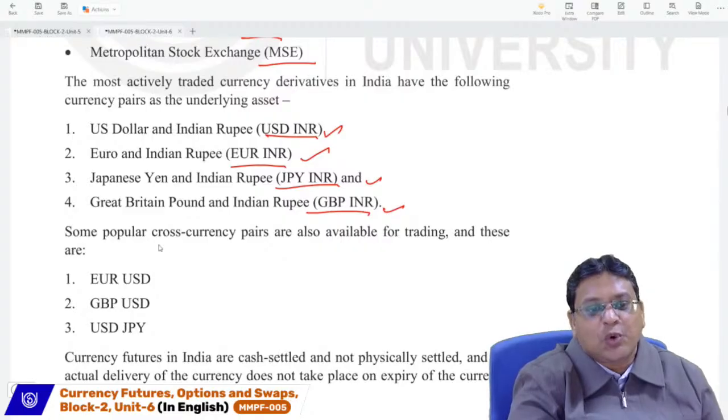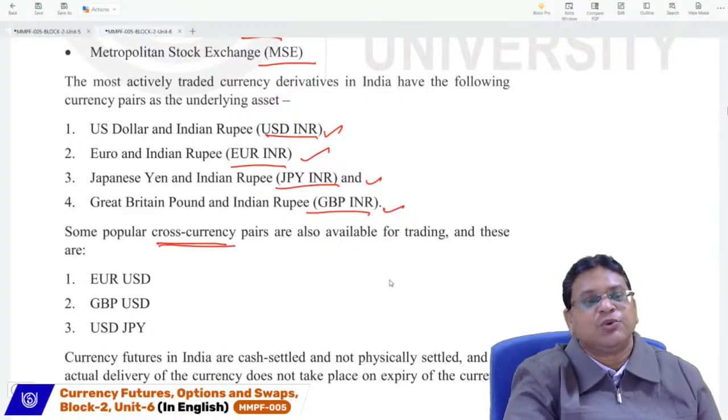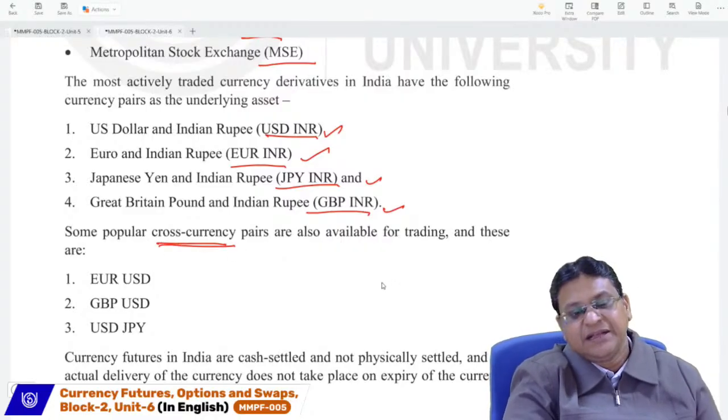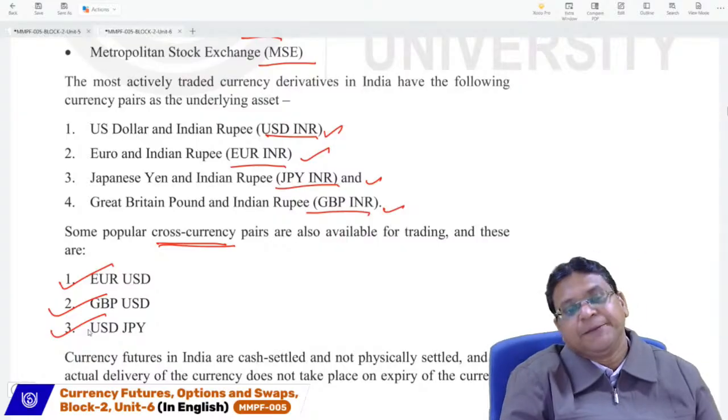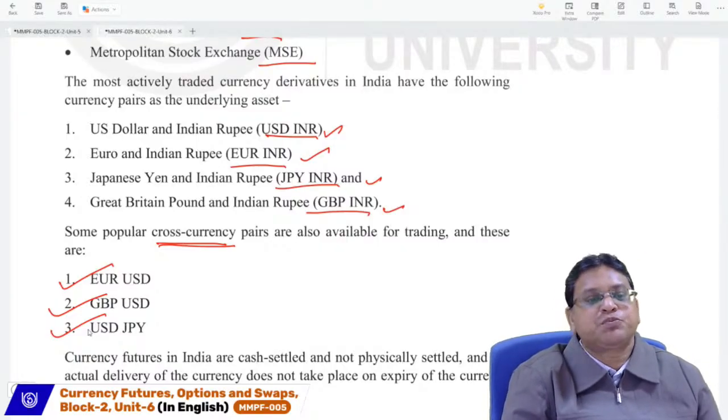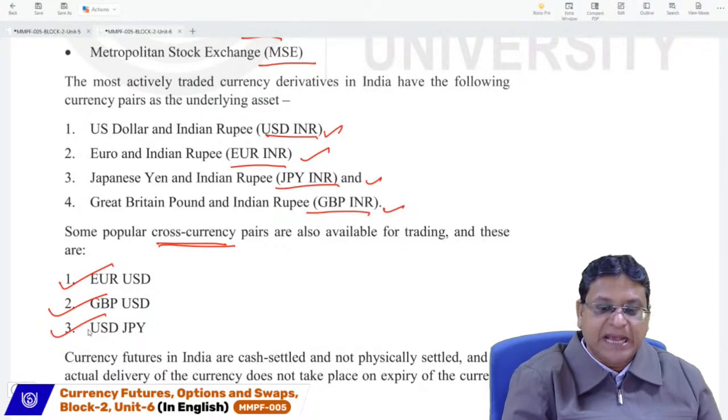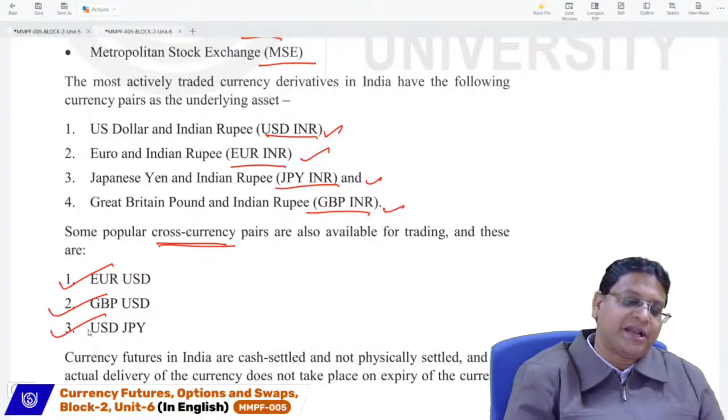There are also certain cross currency pairs traded in India: Euro USD, GBP USD, and USD JPY, the three most popular cross currency pairs in the Indian market.